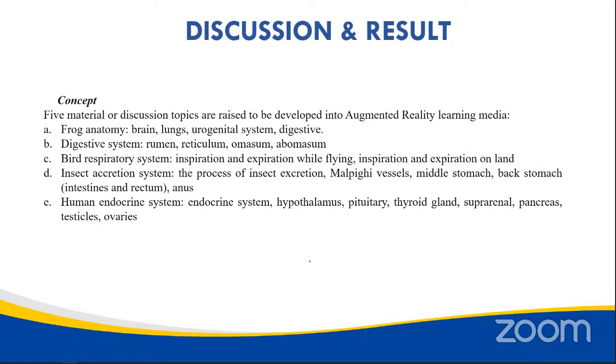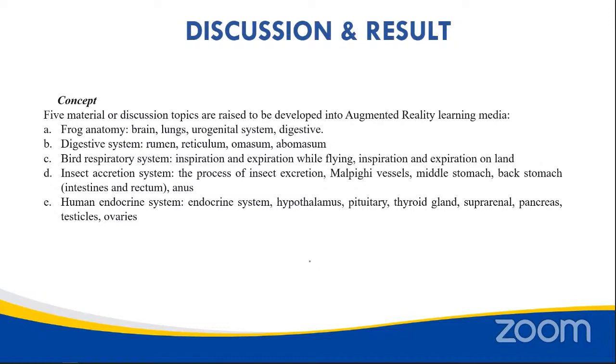A. Frog anatomy: brain, lungs, urogenital system, and digestive. B. Digestive system: rumen, reticulum, omasum, and abomasum. C. Bird respiratory system: inspiration and expiration while playing, inspiration and expiration online.